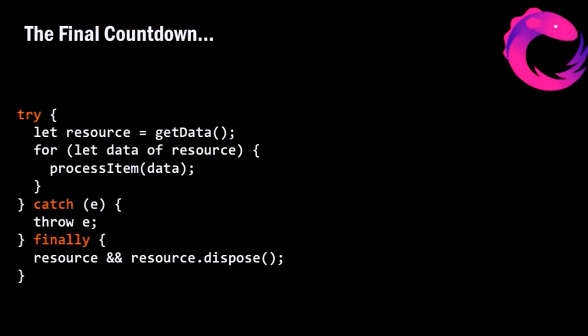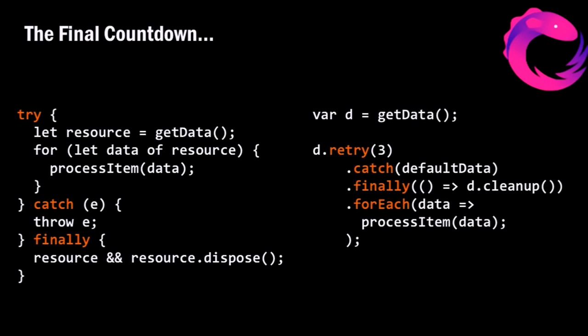And yes, you can do try, catch, finally. For example, one person was asking about handling errors. Here we can say .catch. If you're in a constrained environment where things such as offline matter, you can get some default data and put it in there. Then you can finally do some cleanup, and then process each item as it comes through.